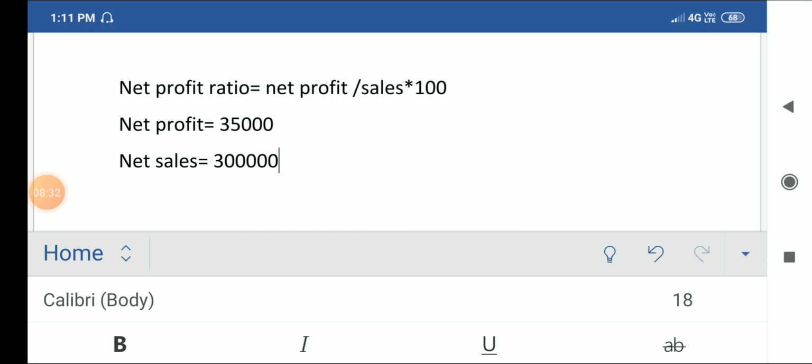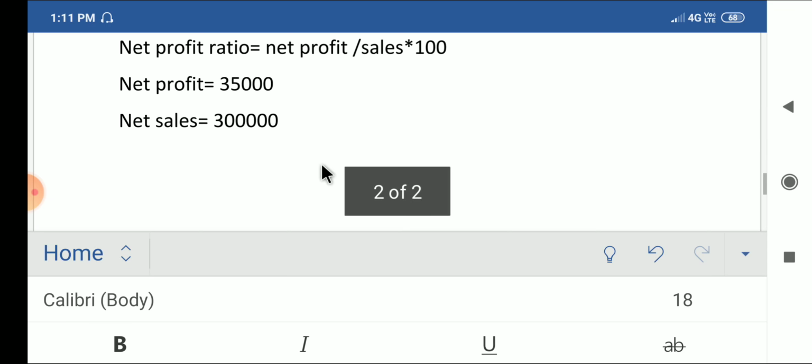Now we calculate the net profit ratio. Net profit ratio is equal to net profit upon sales into 100. Here, net profit is given as 35,000 and net sales is equal to 3 lakh.